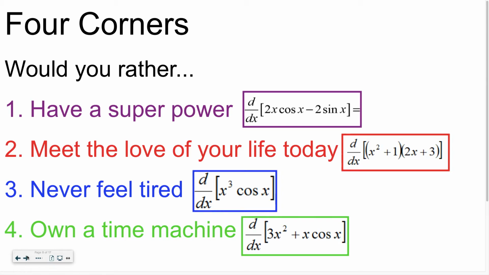Okay, my superpower people. You have 2 different terms. Which one of them has a product? Oh, you're doing minus 2 sine.